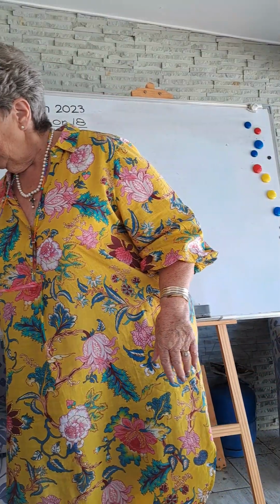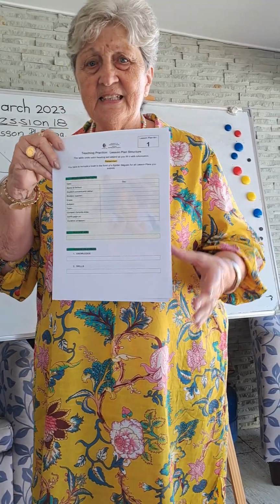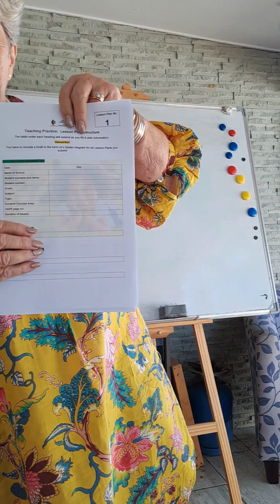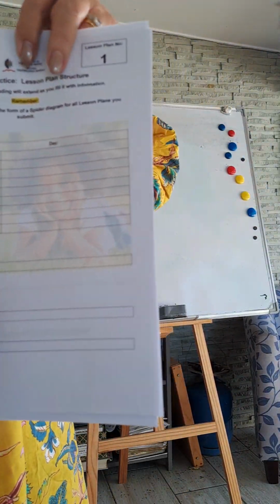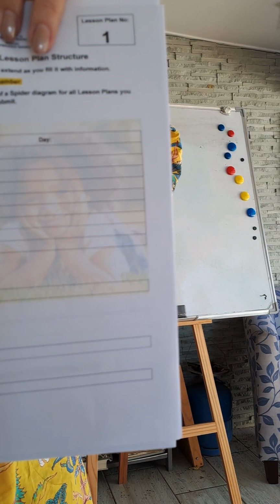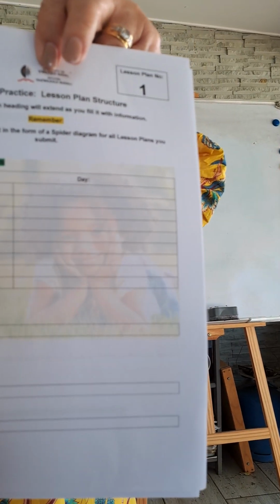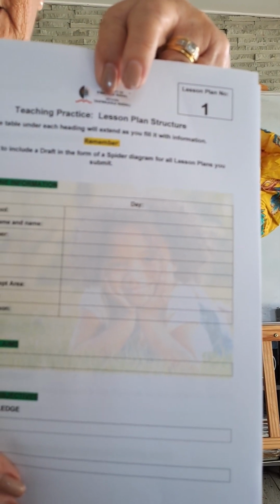So on Learn 2023, you will find a template that looks like this. It is a lesson plan, but it is on special paper because it has a shadow on it of a young girl. And unless the lesson plan is written on this template, it can't be marked. Okay?